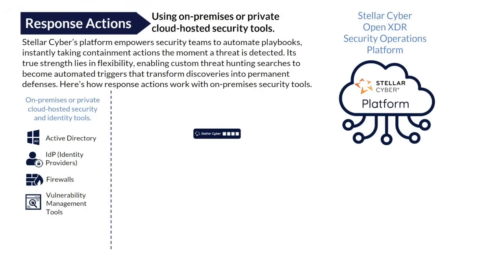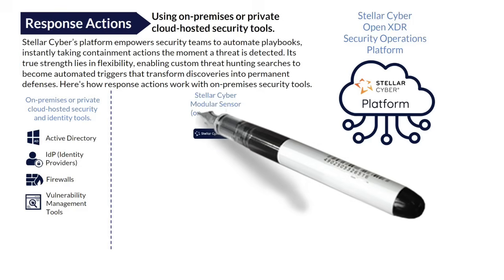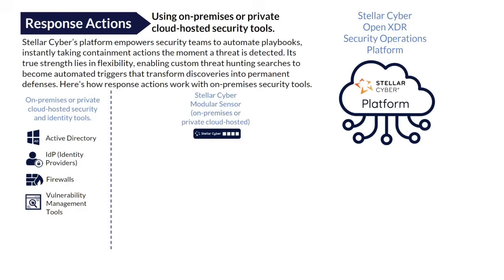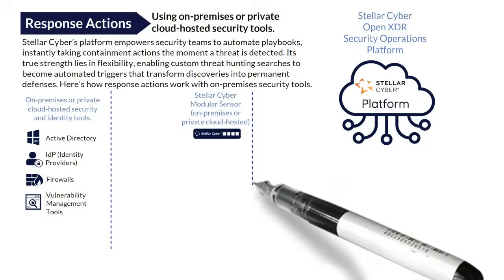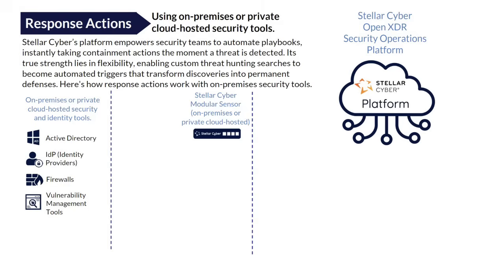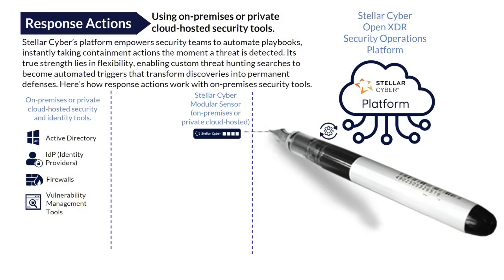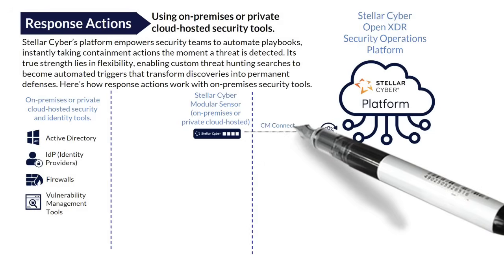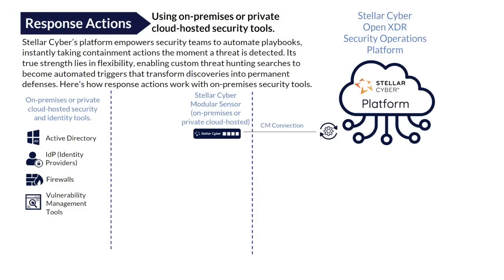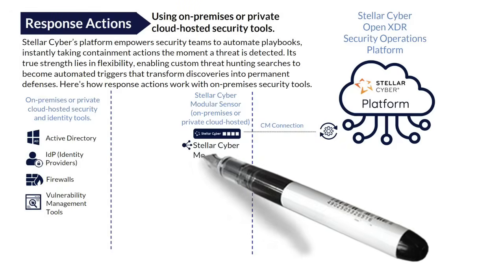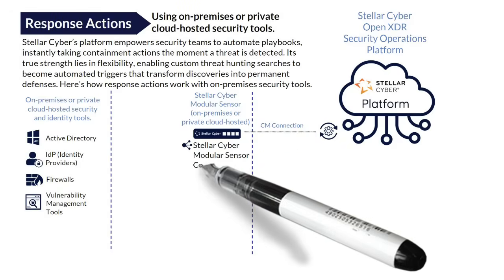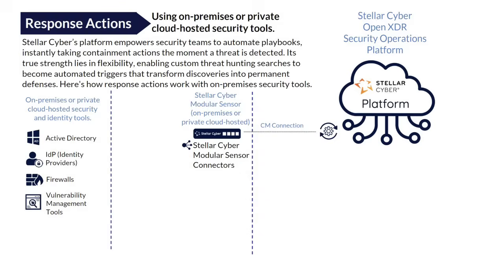Within the company network, there are also one or more Stellar Cyber modular sensors that are hardware or virtual appliances. From inside the company network, modular sensors open a secure configuration management CM connection to the Stellar Cyber platform. Modular sensors have built-in connectors that can communicate locally, in this case with systems and services within the company network.